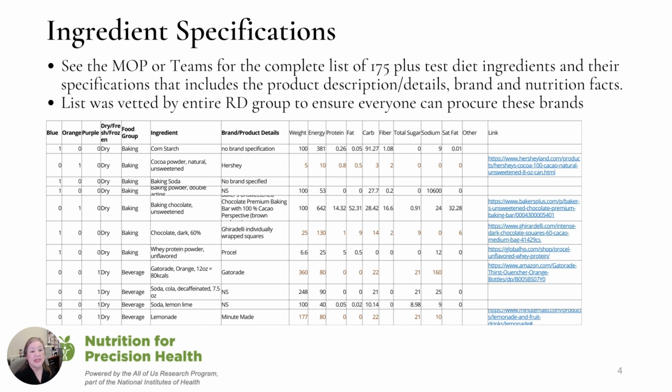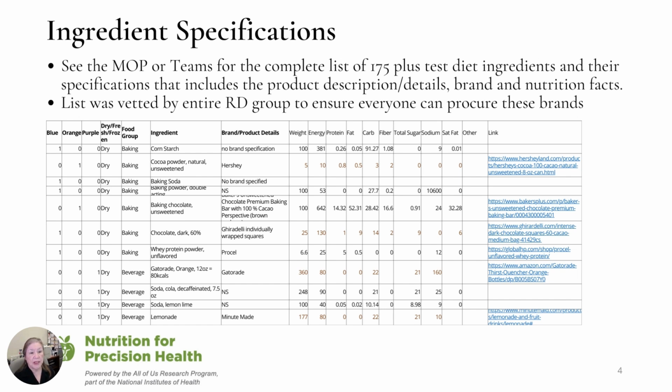I encourage you to see the MOP or the Teams for the complete list of 175 plus test diet ingredients and the specifications that include the product description, the details, brand, and nutrient facts.